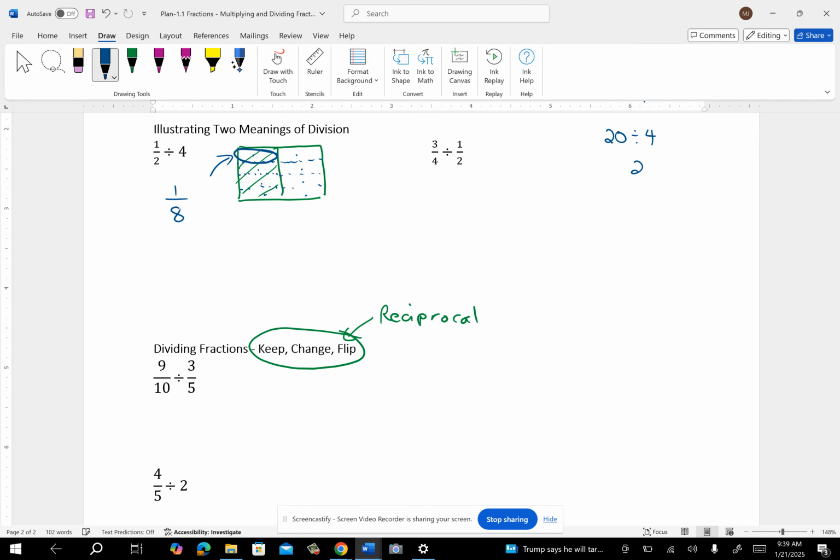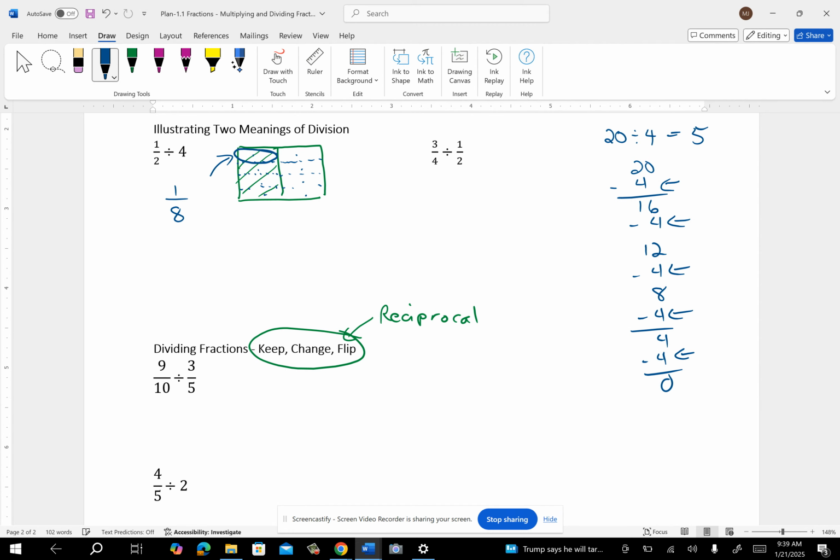So it's like a repeated subtraction. Here's 20. Take away 4, I'm down to 16. Take away 4 more, I'm down to 12. Take away 4 more, I'm down to 8, and so on, okay? Until I'm done. And then I was able to take away 1, 2, 3, 4, 5 4s. That's the other meaning for division, repeated subtraction.